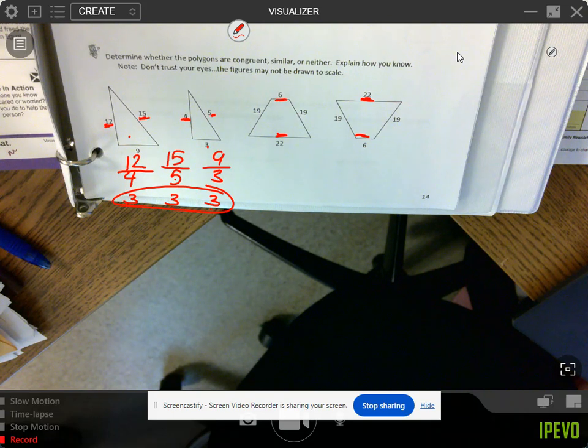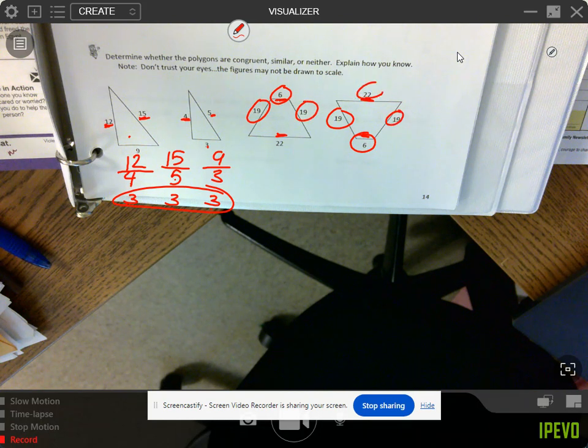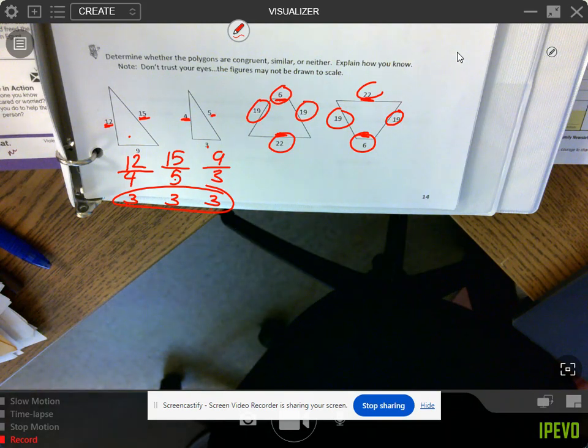Can we, with shapes, flip them? Yeah. We can. So Ruby's right. It's flipped. We can flip it back up. We're going to match up the 6 with the 6, that 19 with the 19, 19 with the 19, and the 22 with the 22. You can flip that polygon up and say, oh yeah, if I flip it, it is identical.